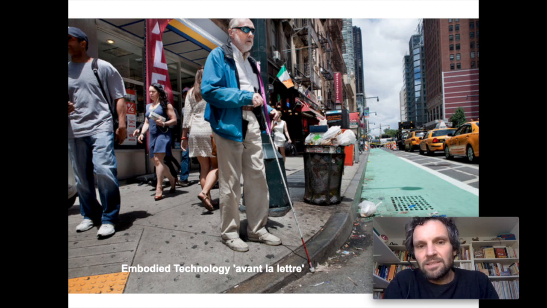So what Merleau-Ponty says is that the blind person doesn't end physically with the hand, and the rest of the world doesn't begin where the hand is touching the cane.